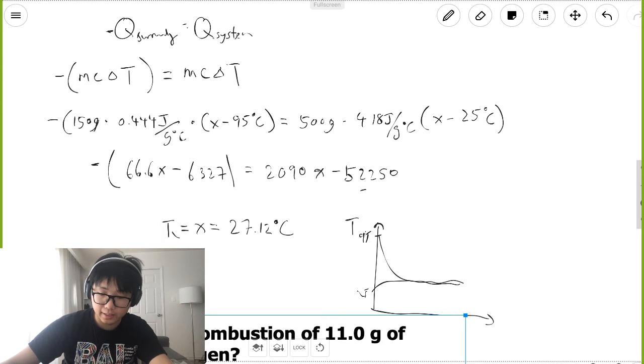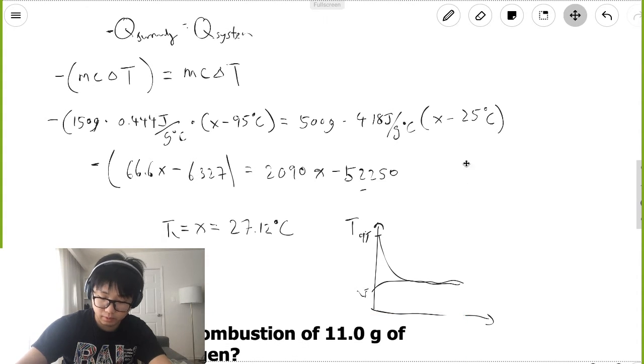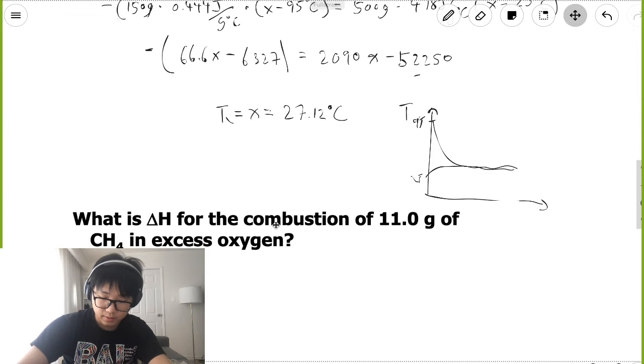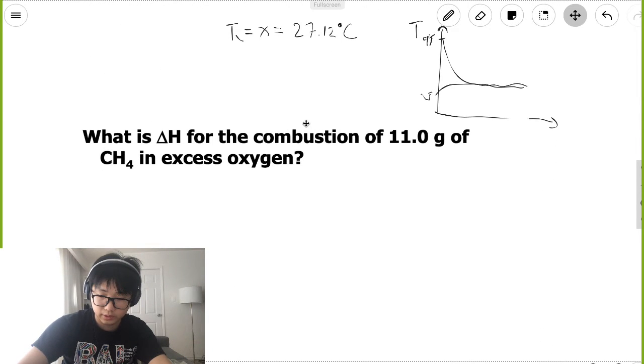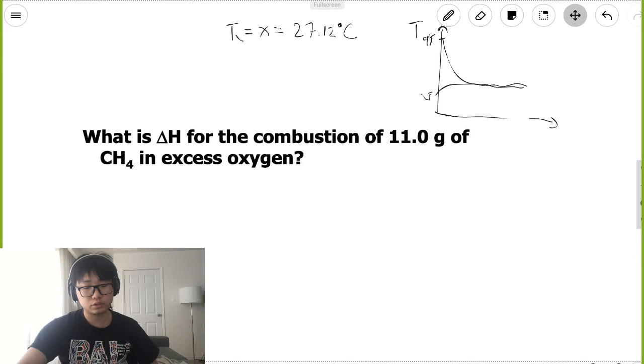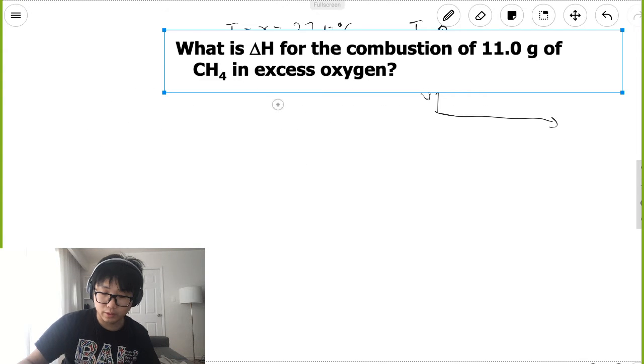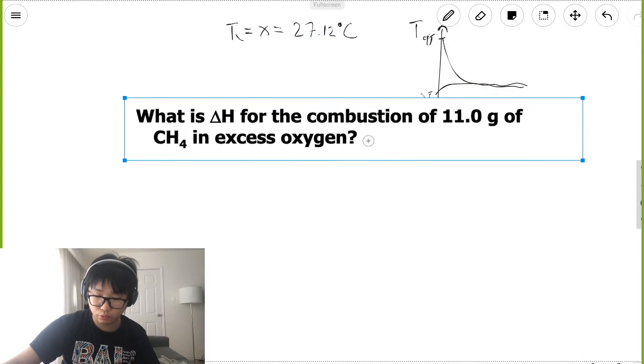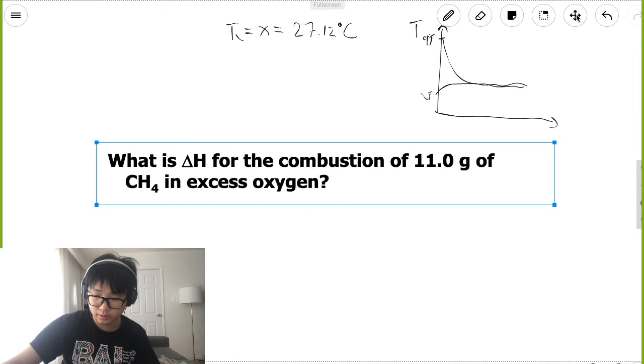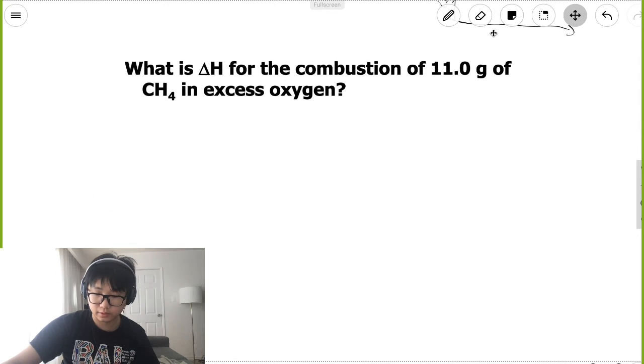So this is getting away from that Q equals MC delta T stuff. So that stuff you can definitely review, and there's a lot more we can talk about that. But I know you're going to study. So this is just like a little preview session so you can get started on learning this stuff on your own, right? So if I want to know the delta H of combustion of 1 gram, I must tell you this equation.